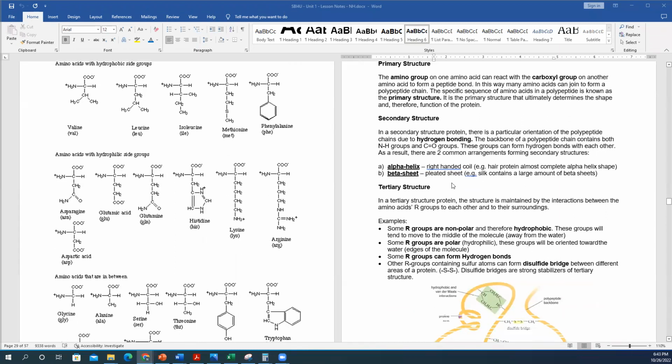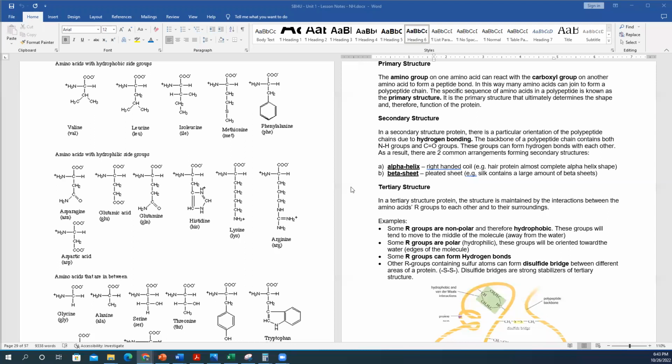Sometimes they're able to form this right-handed coil we call an alpha helix. And our hair protein is almost completely made out of this type of secondary structure, the alpha helix.